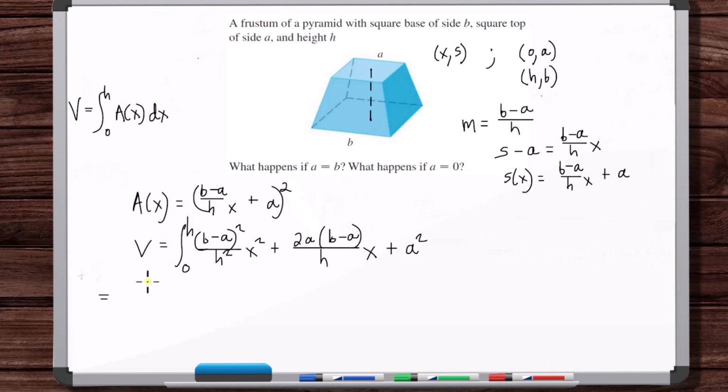We've got b, a, and h aren't functions of x.